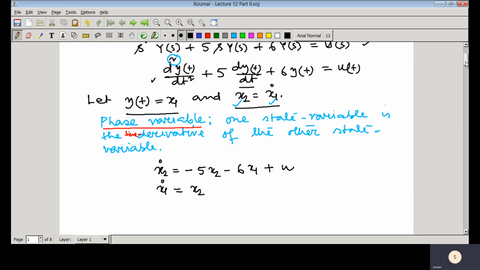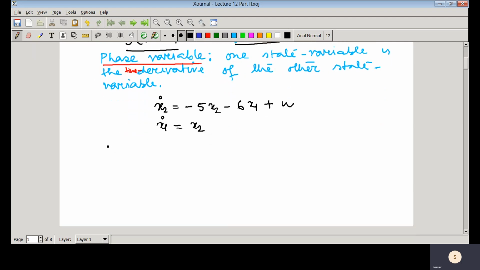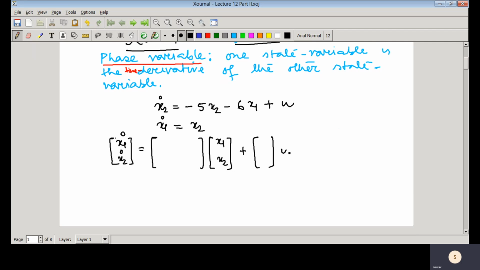If we write it in matrix form, what will we get? Suppose x1 dot, x2 dot, and we have the state vector x1, x2, and here we have the input matrix.